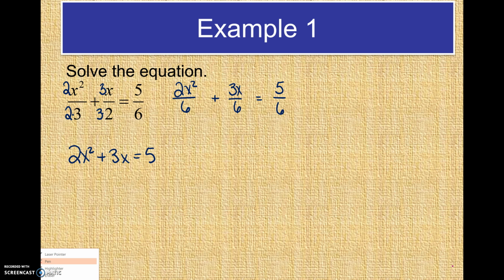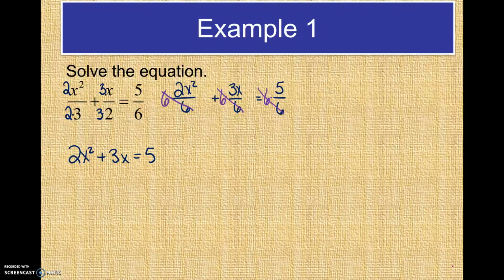Another way to think about that, if I were to multiply every single term of the equation by the same thing, then the equation is still valid. So if I multiply this first term times 6, this second term times 6, and this other term by 6, that would cancel out the fractions and leave us with 2x squared plus 3x equals 5. That would kill the fractions, basically.